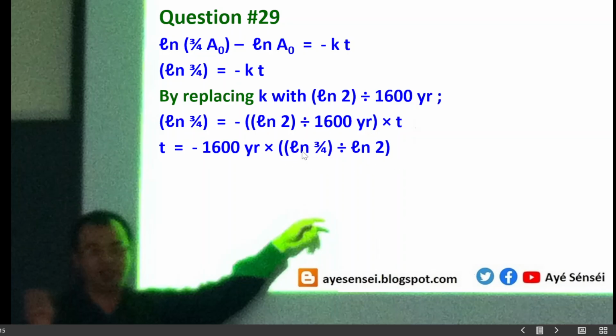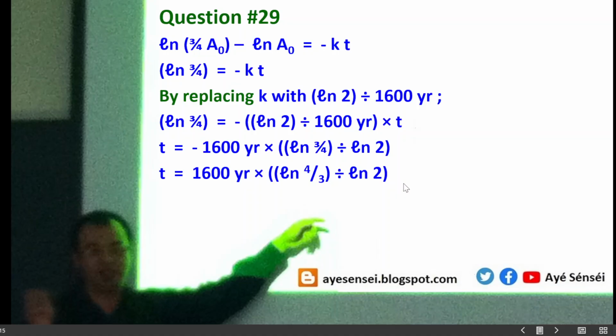And then please be aware that this value is less than 0, or it has negative value. So we can write this as minus ln 4/3, and then minus and minus will cancel out each other, so this should be easier to calculate.